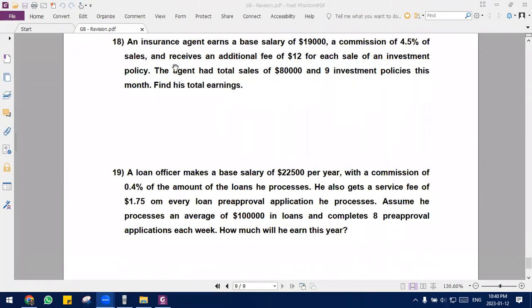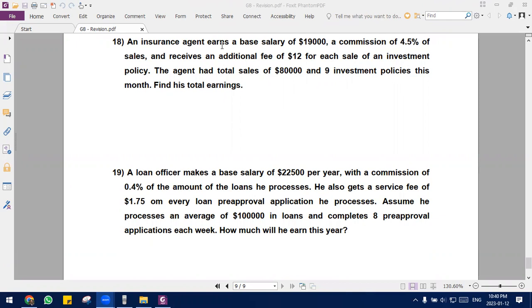Question 18. An insurance agent earns a base salary of $19,000, a commission of 4.5% of sales, and receives an additional fee of $12 for each sale of an investment policy.